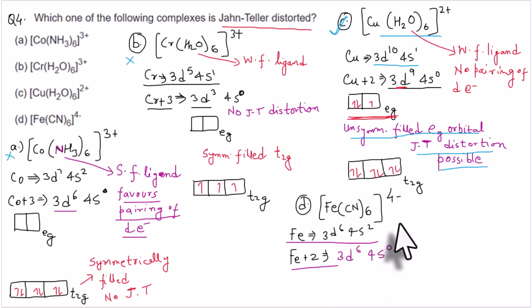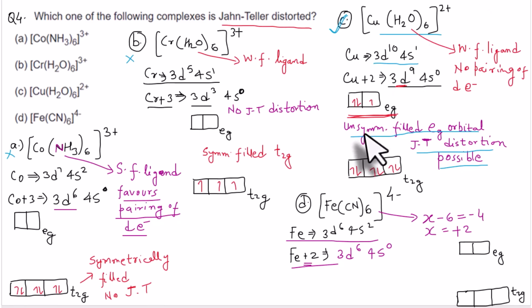I hope you understood how this +2 oxidation state comes about. If we take Fe as x, CN has -1 charge and we have 6 CN ligands, so 6 into -1 is -6, and the total charge on the complex is -4. So x becomes +2. The oxidation state of iron in this complex is +2.